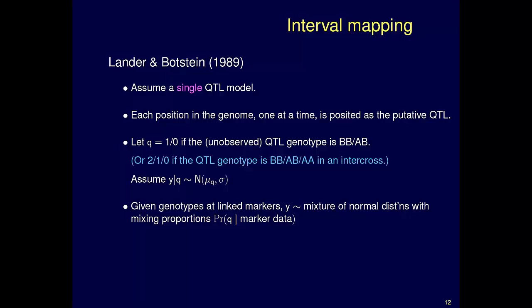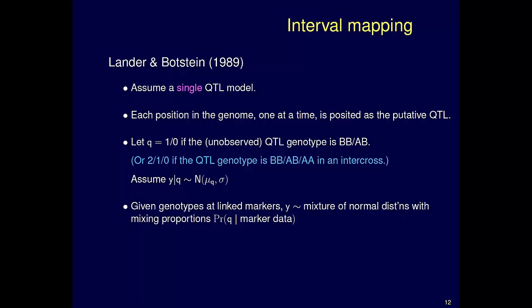And imagine that we knew QTL genotype for an individual. They assume a model that's really the same model as if you did analysis of variance at a marker, which is that the phenotype of an individual, given its QTL genotype, follows a normal distribution with some mean, depending on the genotype, and some common SD.